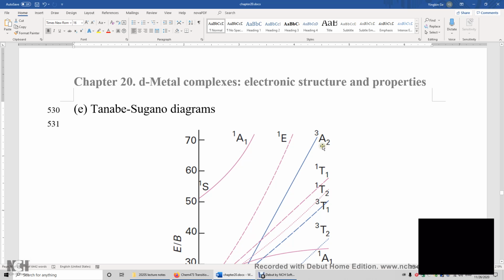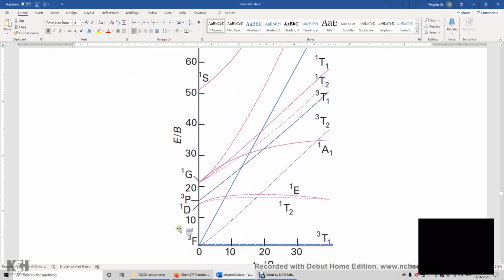And then the eg orbitals lie 0.6 delta O above the barycenter. The t2g orbitals lie 0.4 delta O below the barycenter. So this is why this 3F splits in an octahedral environment. And the larger the delta O, the larger the gap between these three terms.